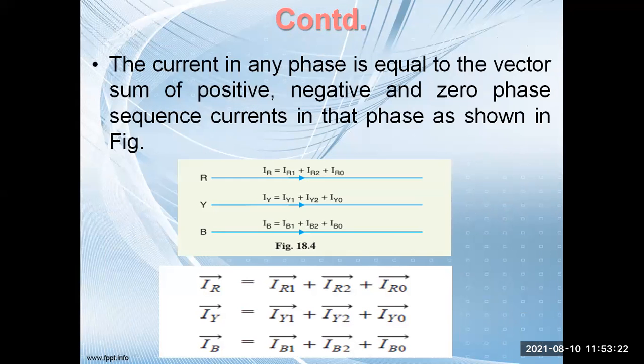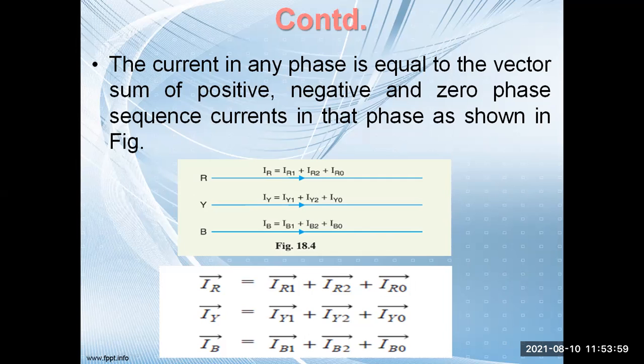Now next is that the current in any phase is equal to the vector sum of the positive, negative, and zero phase sequence currents in that phase, as shown in the figure. So we have to understand that the total phase current is the summation of the positive sequence current, the negative sequence current, and the zero sequence current. Every time we are talking about current, but it is applicable to voltage also. We need to understand the symmetrical component theory; it is applicable for the current as well as for the voltage.